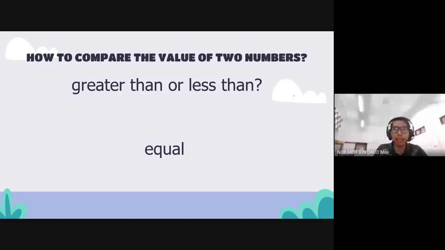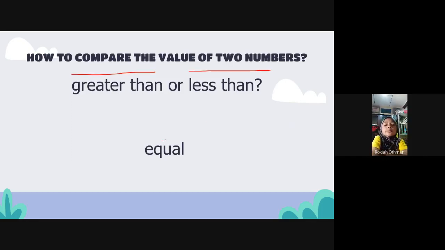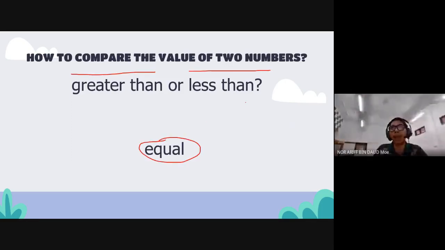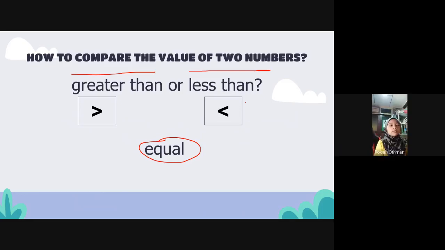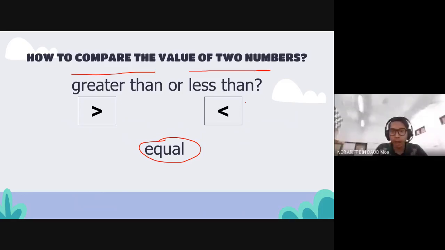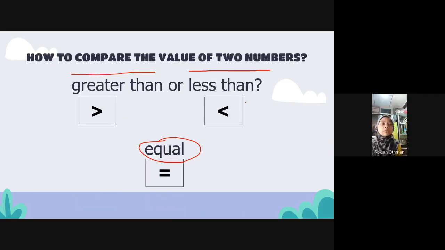For comparing section, you learn a word greater than, less than or equal. Okay, the symbol for greater than is like this. Okay, the symbol for the less than like this, and the symbol for equal like this.